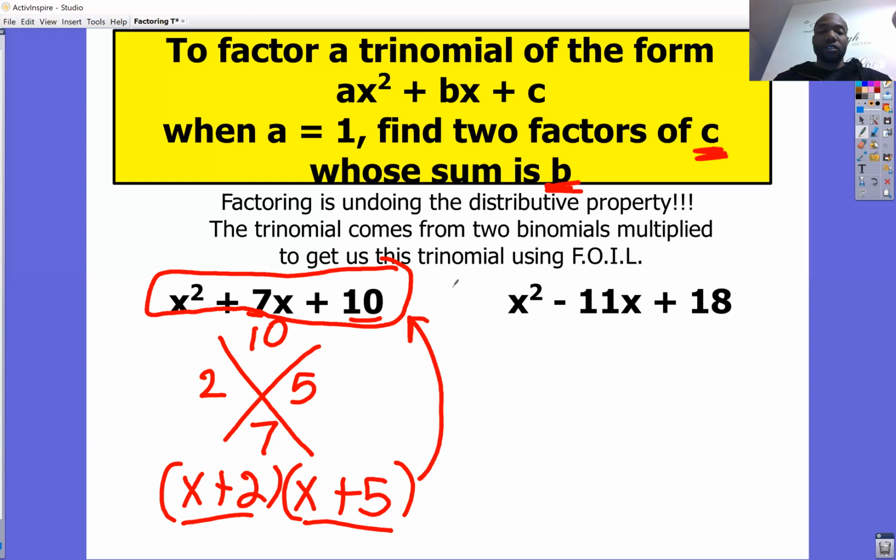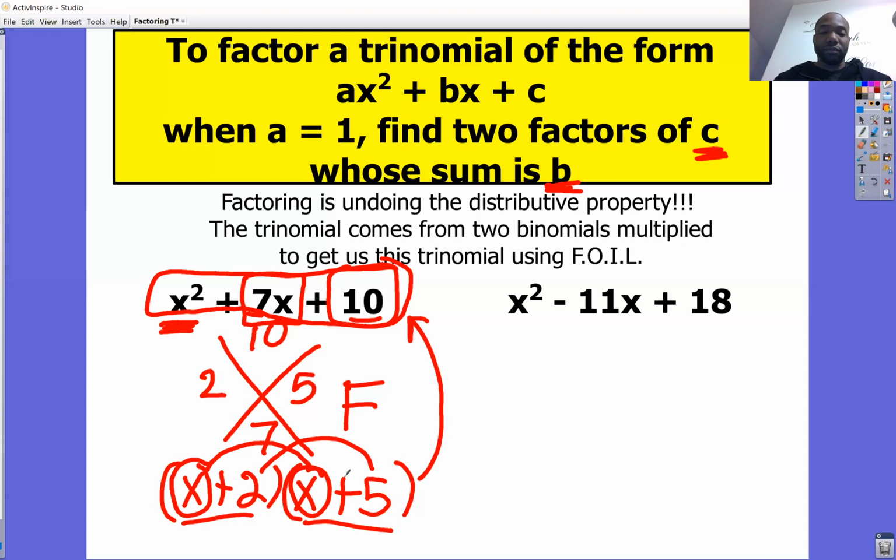And so the reason why we know that this first term right here is going to be x, because our first term from our FOIL comes from this right here. Our outer and inner terms come from this right here, our 7x. And then our last term comes from the multiplication of these two last terms.